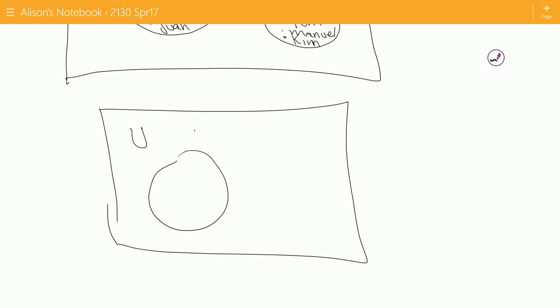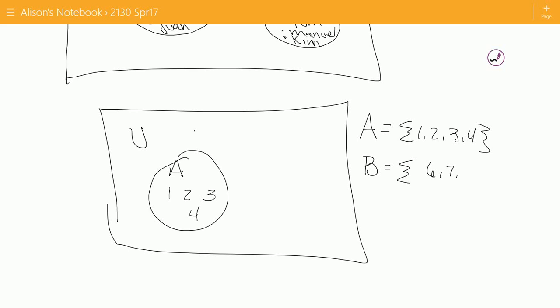And so I'm going to have a set A, and A is going to contain the numbers 1, 2, 3, and 4. And then I'm going to have a second set B that is also part of this universe, which means it's going to be contained within the integers. And this time it's going to contain 6, 7, 3, and 50.